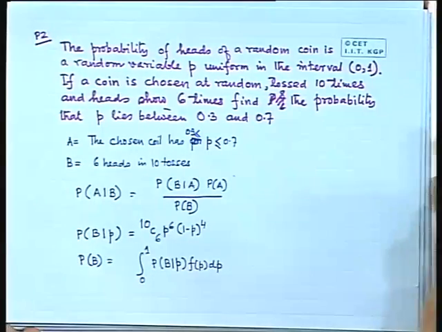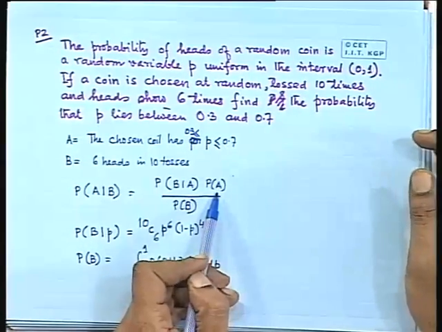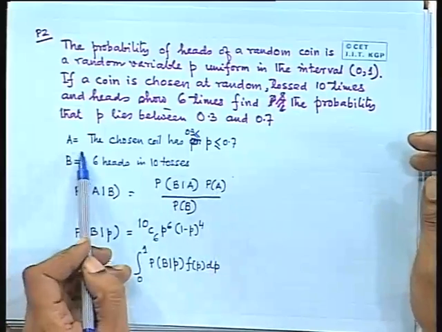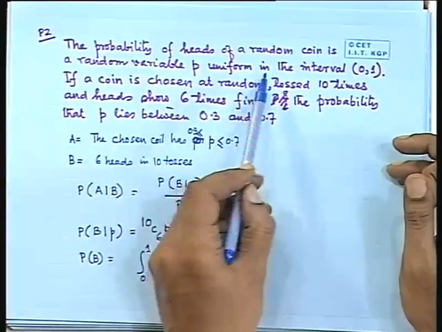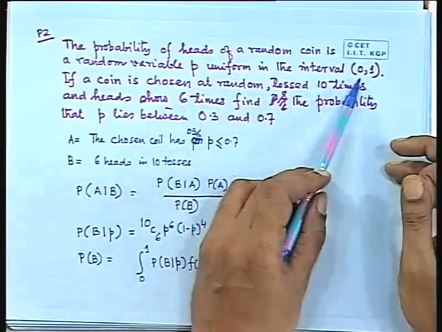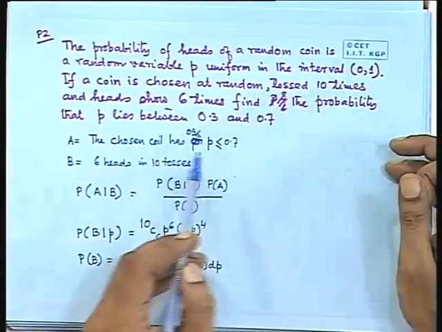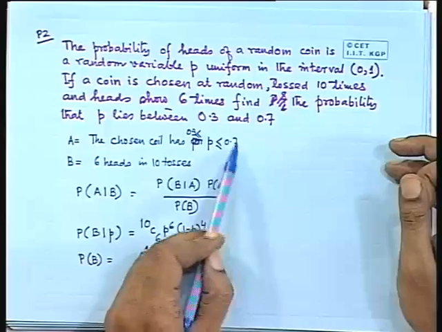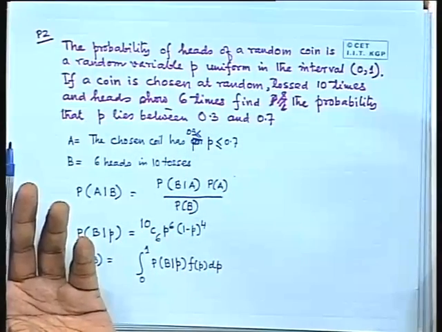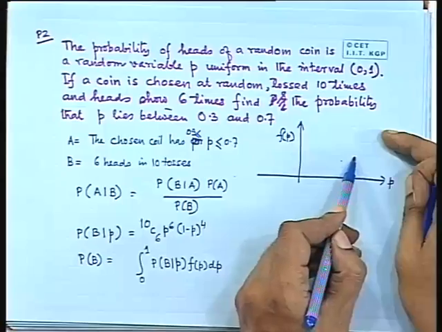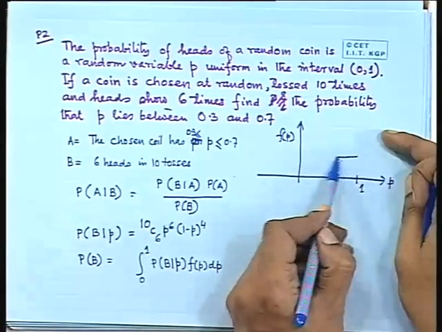Now the question is, what is probability of B given A? Probability of A is known. Probability of A is the probability that the chosen coin has, see, this P is a random variable uniform in the interval, so the probability of choosing a coin where P lies between 0.3 and 0.7 is simply 0.4. So what is f(p), sir? This is f(p), this is p, 0 and 1.